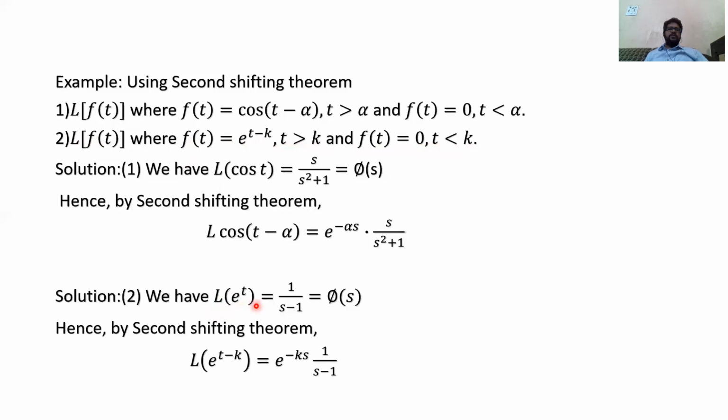We know that Laplace of e raised to t equals 1 upon s minus 1, which I take as phi of s. Hence by the second shifting theorem, Laplace of e raised to t minus k equals e raised to minus ks into phi of s, where phi of s is 1 upon s minus 1. So these are the examples based on the second shifting theorem.